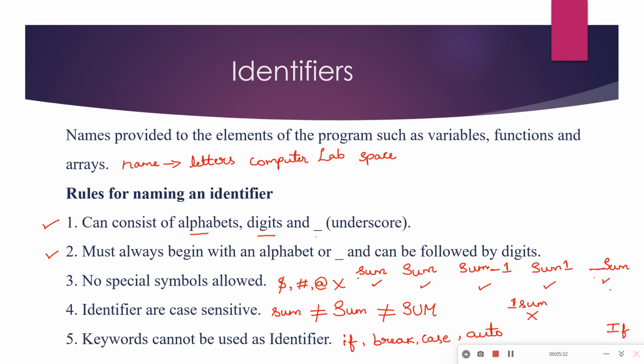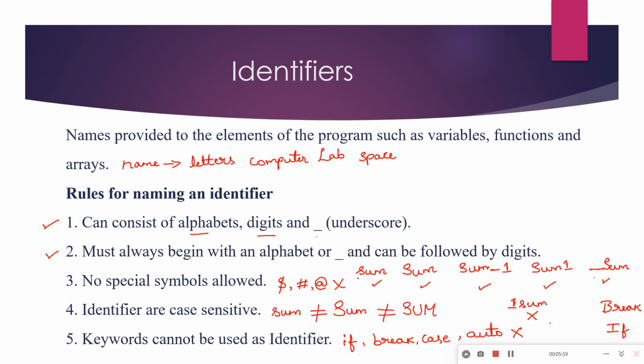You can use it like this. But the keywords whatever we mentioned in lowercase letters cannot be used as identifiers. I hope it is clear. And the length can be a maximum of 31 characters while naming identifiers, and identifiers are case sensitive. Keep this in mind.